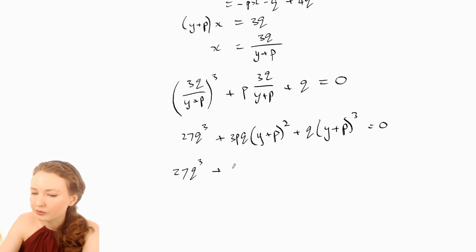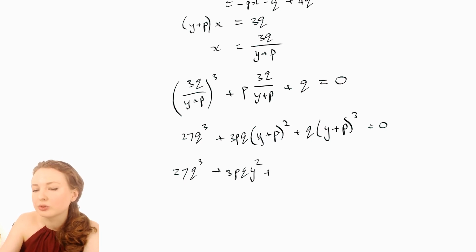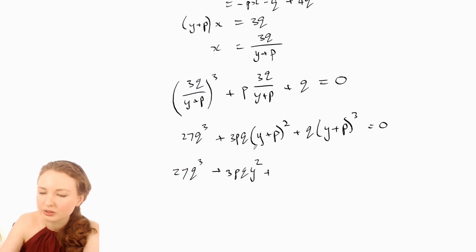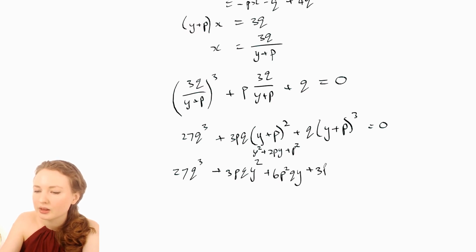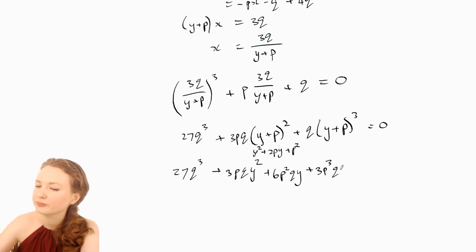So we have 3pq y squared. So that makes, you can do this in 2 steps if you want, but I'm just sort of rushing it. That's y squared plus 2py plus p squared, and then we multiply it by that. So we've got that times that is that one, and then 3pq times that is 6p squared qy. And then we've got a 3p cubed q.